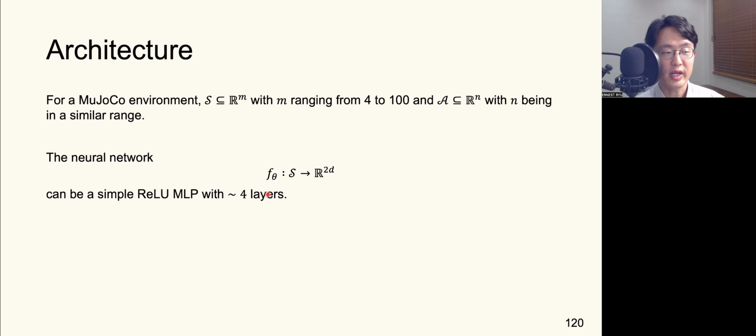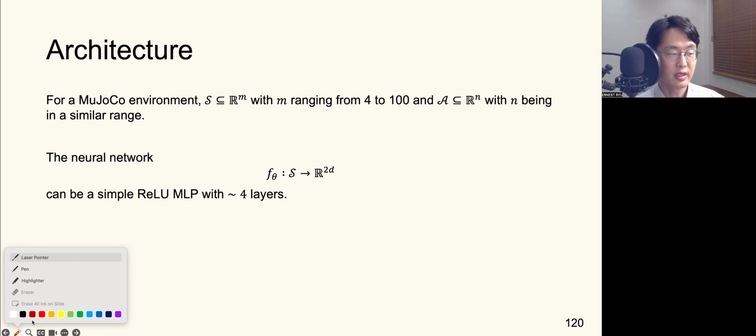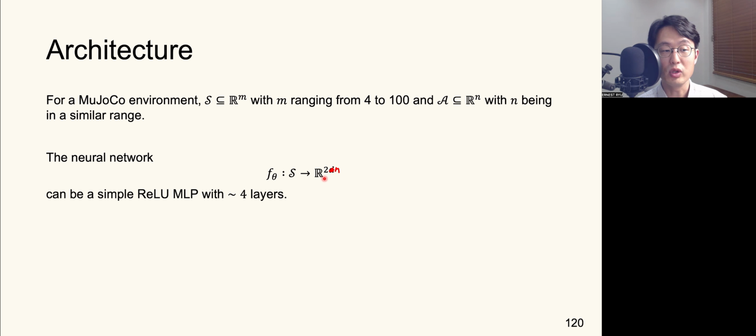And then the neural network should take in as input the current state and output 2 times n, so that each pair of outputs can be interpreted as the mu and tau for all of the actions. The specific architecture could be as simple as ReLU MLPs with something like 4 layers. You can do more complicated, more sophisticated architectures, but for the MuJoCo environment, something as simple as this will be sufficient.